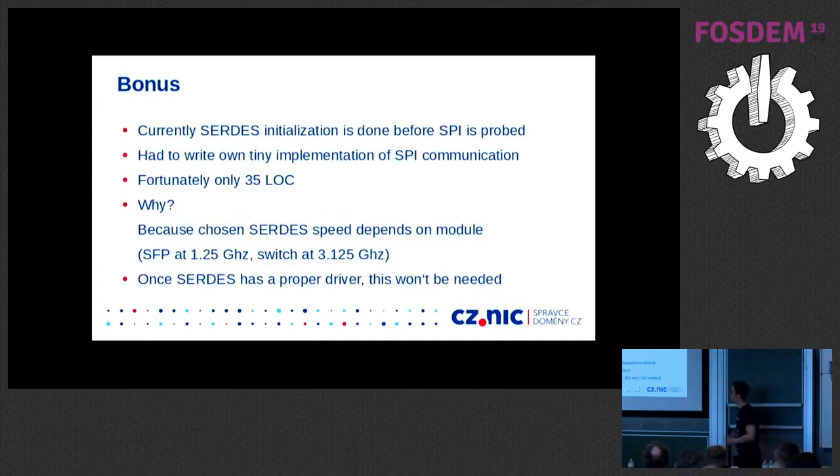For example, if an SFP module is connected, then the corresponding SERDES line has to be for 1 gigabit. But when a switch module is connected, the corresponding line has to be at 2.5 gigabits per second. And when the SERDES initialization is done before the SPI, then I cannot know which module is connected.